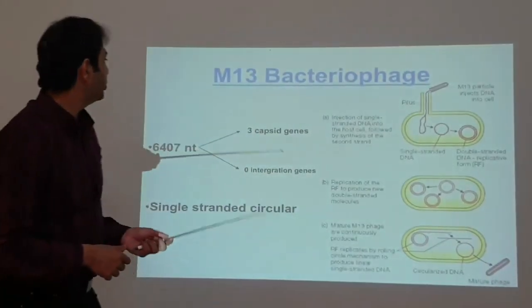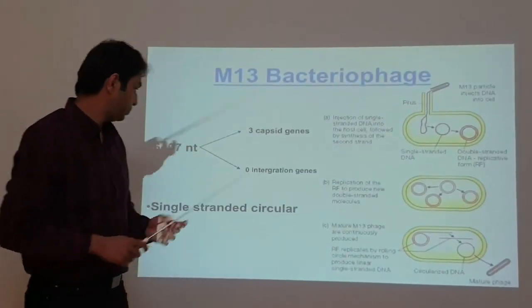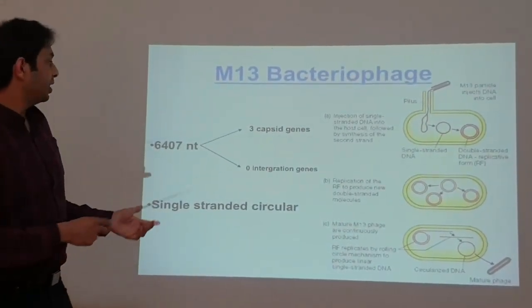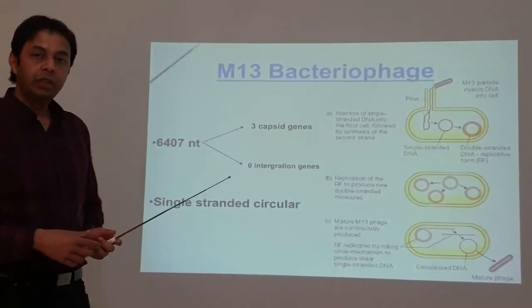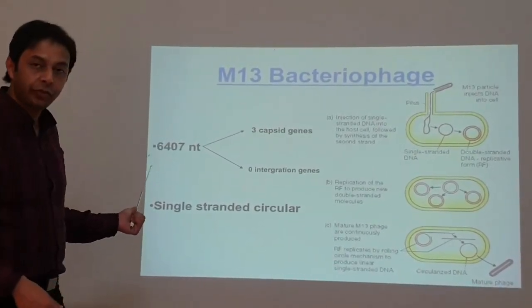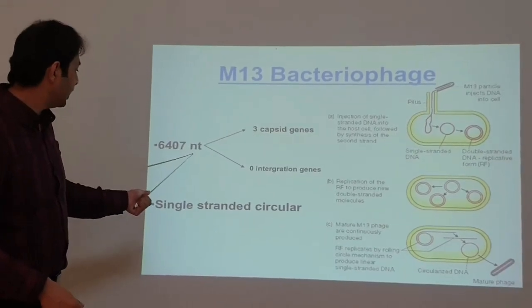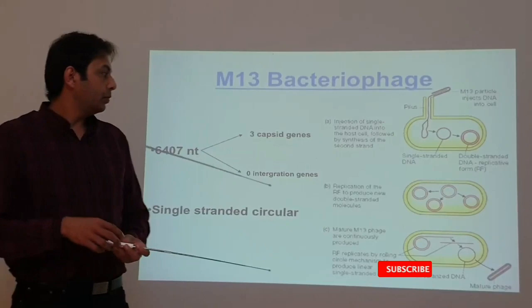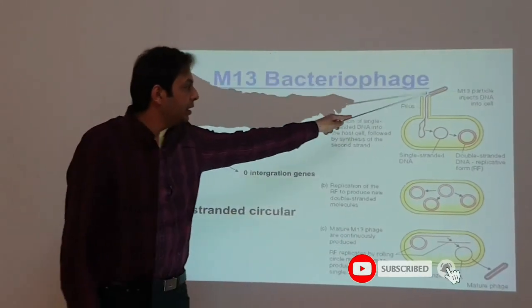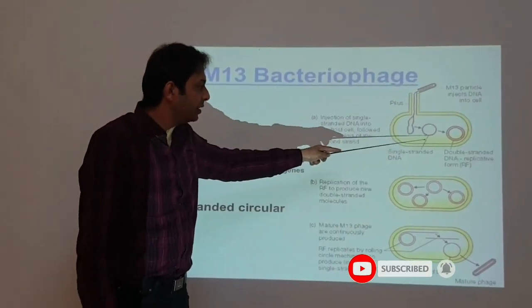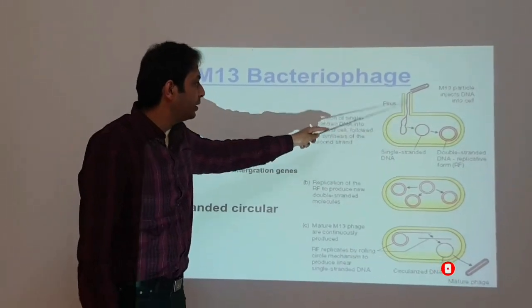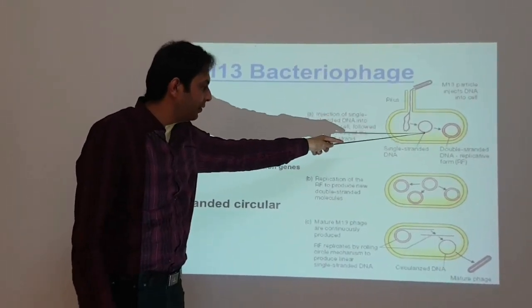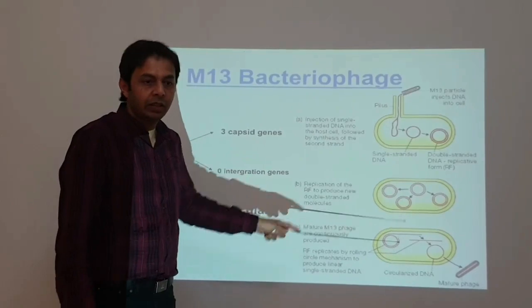Now a few words about M13 bacteriophage. M13 bacteriophage is basically 6407 nucleotides, and it is single stranded. Once it gets into the bacterial cell, it circularizes itself, duplicates itself, and finally replicates.